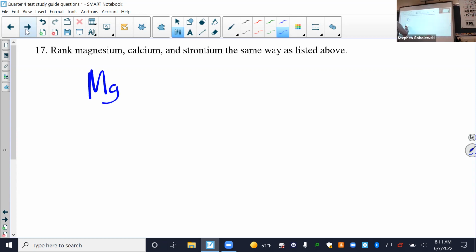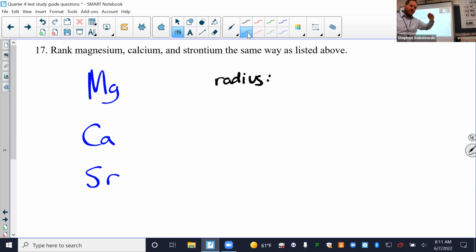So Mg, Ca, Sr. Why am I writing them this way? Because that's how they look on the periodic table. We're moving down a group here. That group's called the alkaline earth metals. So we're comparing the trends here. So when it comes to atomic radius, what's the trend as you move down a group from one period to the next? The trend is they get larger. Why do they get larger?